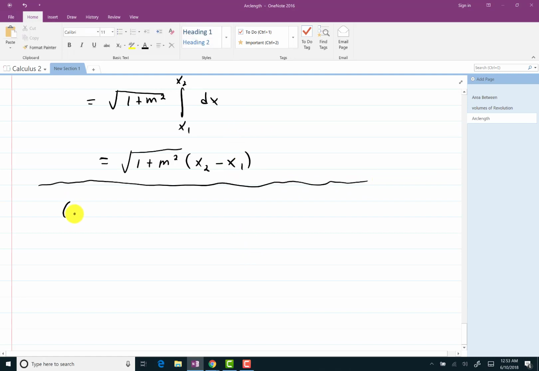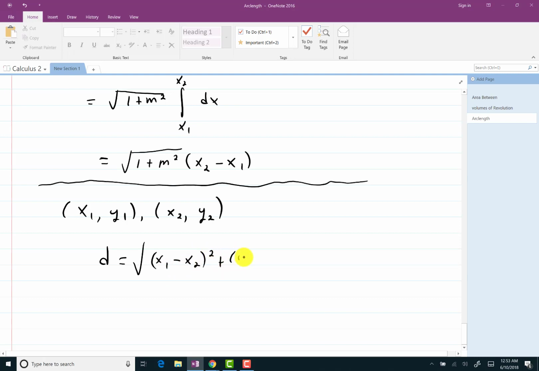The points were as follows: x1, y1, x2, y2, and the distance between them, which would be the length of the line segment connecting them, looks like x1 minus x2 squared plus y1 minus y2 squared. Now, what I'm going to do is factor out x1 minus x2 squared, the squared.